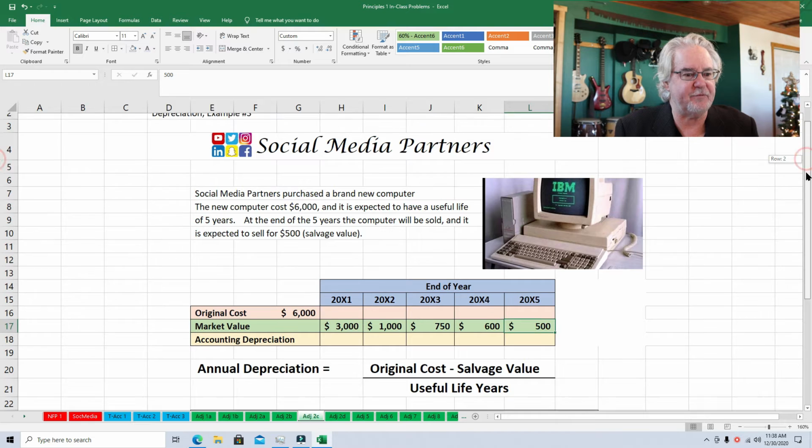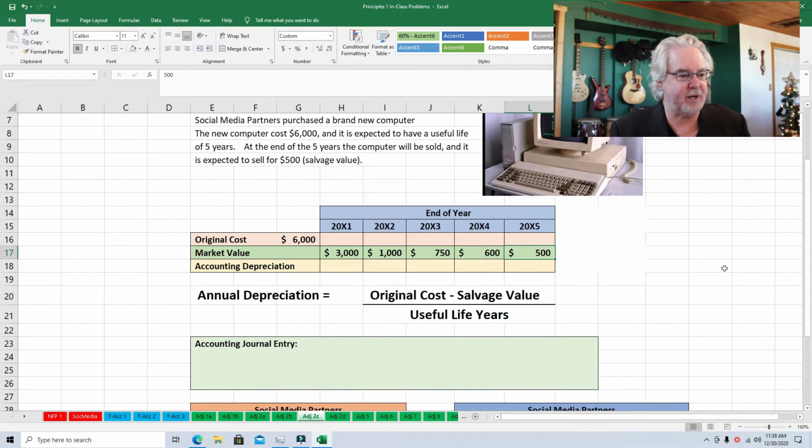So here's the formula, folks. Nothing new at all. The annual depreciation is going to be the original cost minus the salvage value, divided by the number of useful life years. So here we go. All you do is take your original $6,000, minus the salvage value.